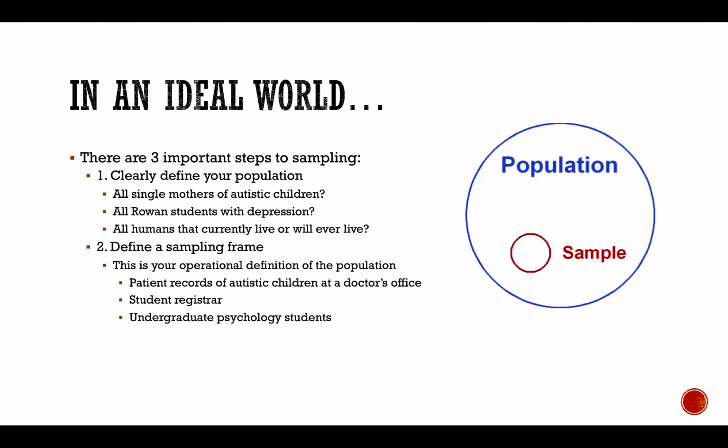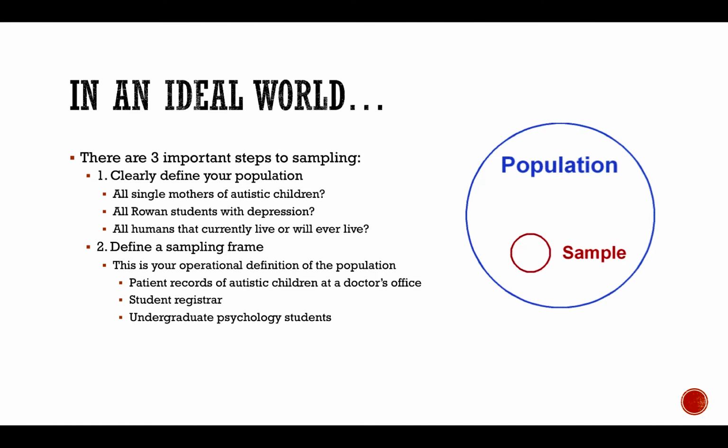Once we clearly define our population, the next step is to define a sampling frame. A sampling frame is basically an operational definition of your population. For example, patient records of autistic children at a doctor's office. Or the student registrar at Rowan University, for the second bulleted point.